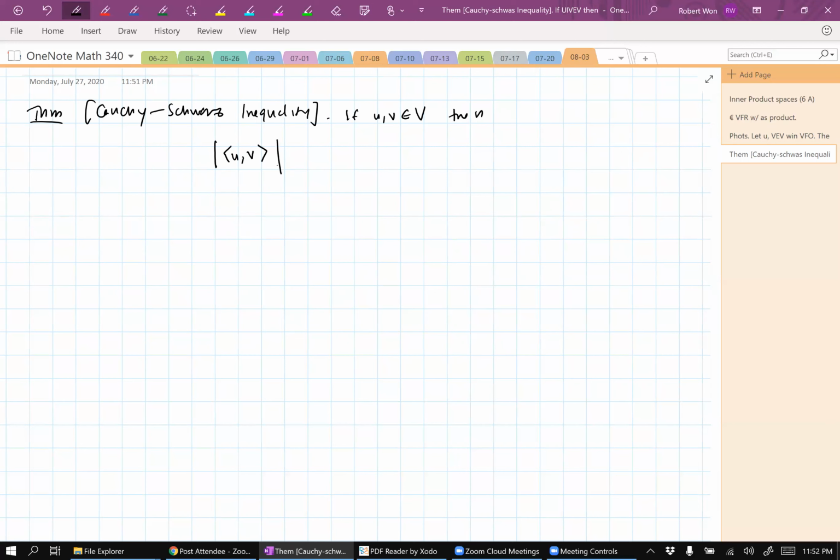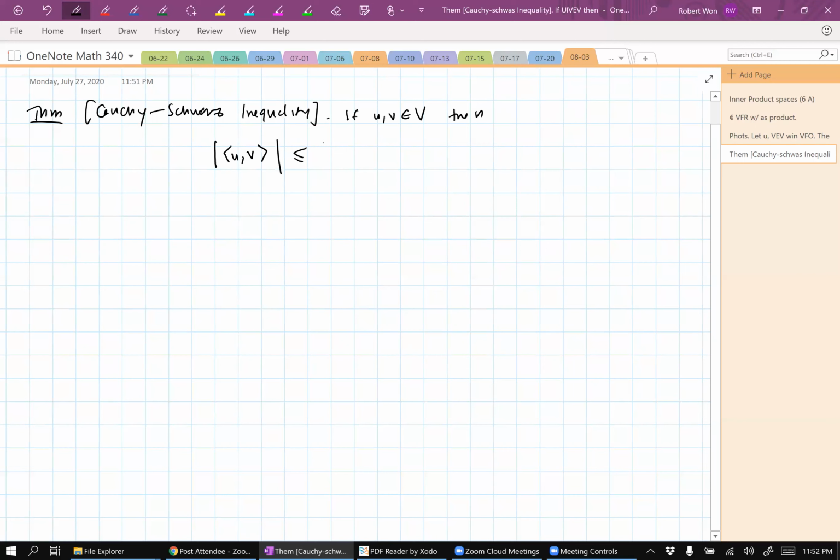And we know how to take the absolute value of a real number, and the absolute value of a complex number: you take the complex number, multiply by its conjugate, and you take the square root. You could do that for a real number too, but it's the same thing as just taking the absolute value. So this is now a non-negative real number.